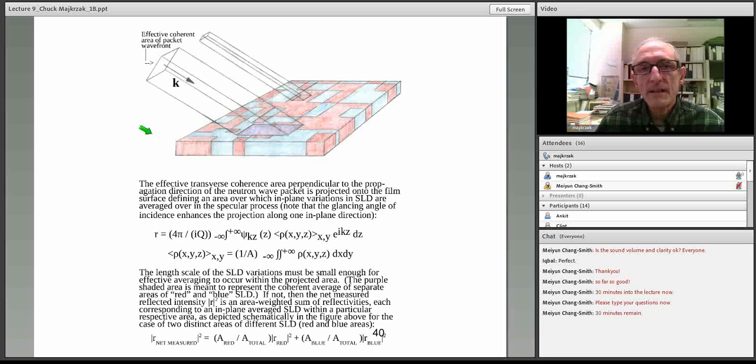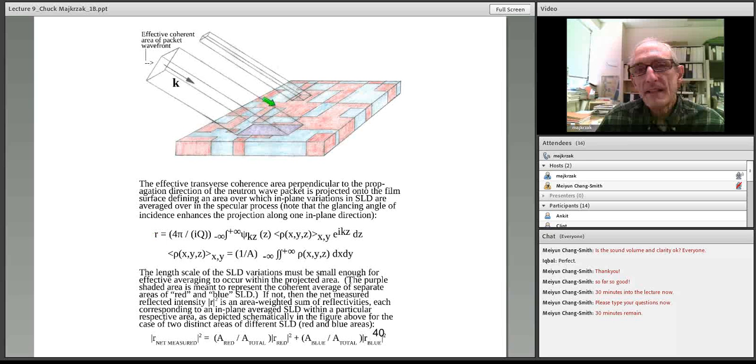Well, as we were discussing earlier, when we do the specular reflection measurement to get the scattering length density profile, we average in plane, and if this wavefront projected onto the surface is big enough, we can average, let's say, red and blue densities to get the purple average, and everything is fine and dandy, and we can connect this scattering length density to the reflection amplitude.